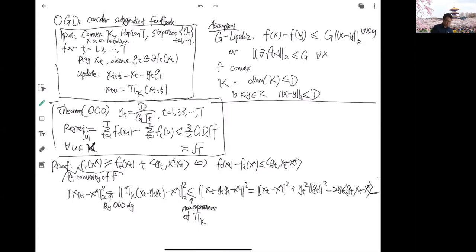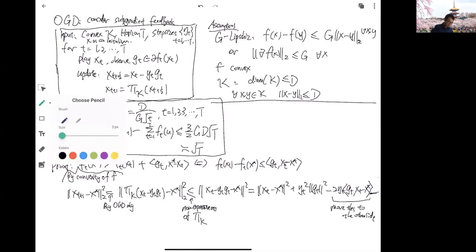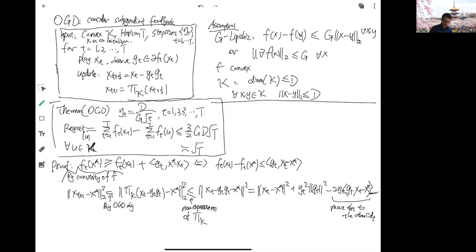Notice that we can move this to the other side of the inequality, and then make use of the lower bound of this, so that we can construct an upper bound of the final goal that we are trying to achieve. So let's do that.